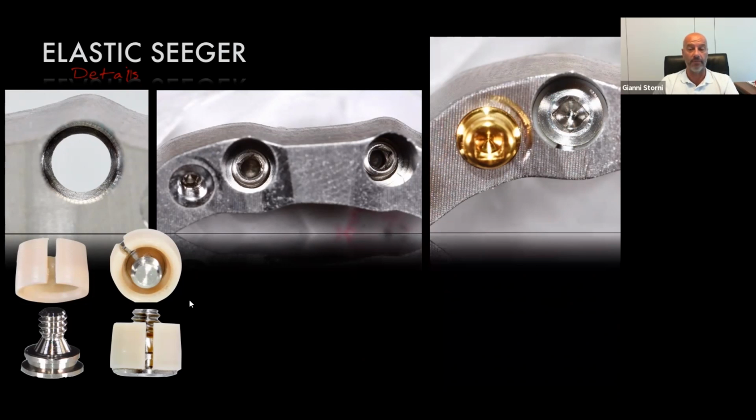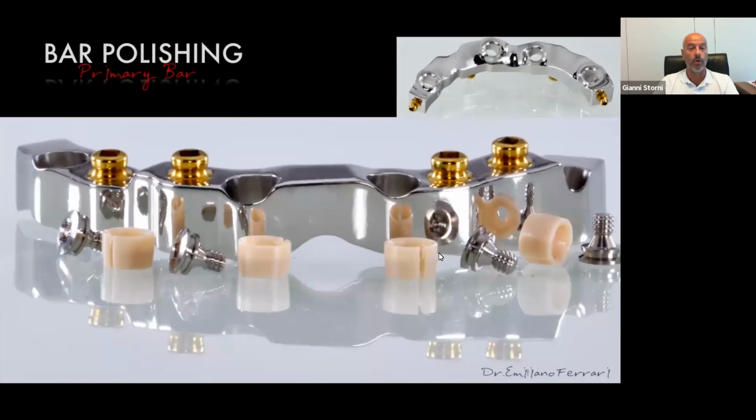So we can go ahead, we will polish the bar really maniacally, because the bar has to be easily cleaned by the patient. So we need to guarantee very nice hygiene around the implant. The OT Equator is not only on the implant, but you see here it is on CAD-CAM.